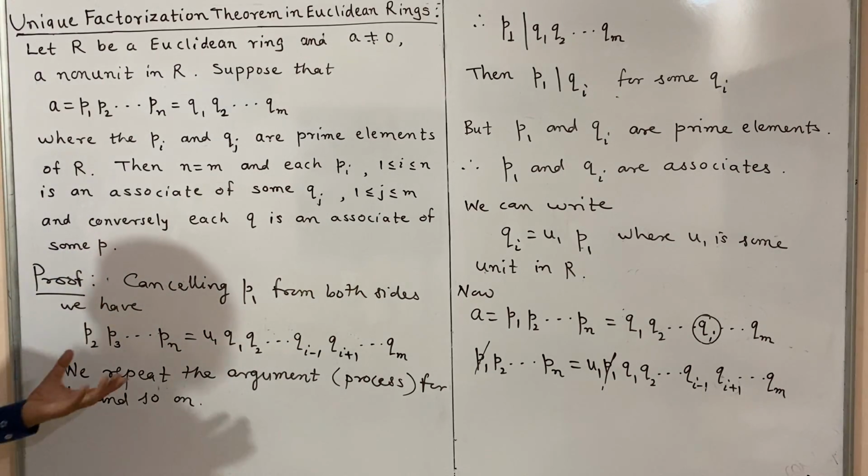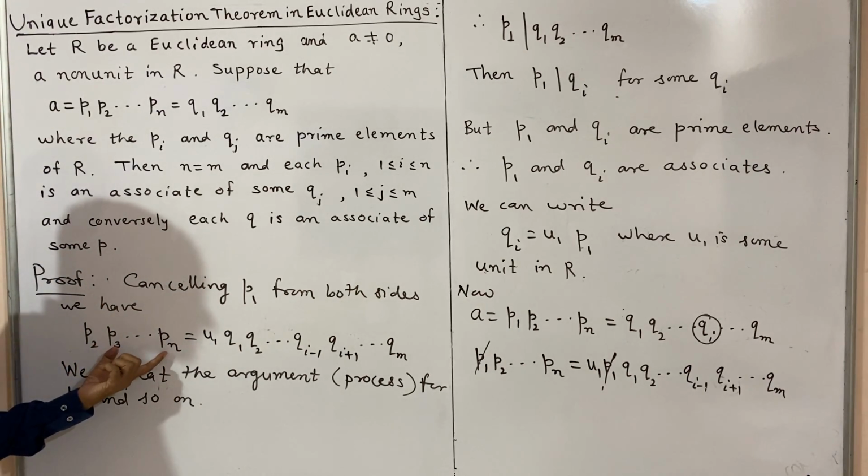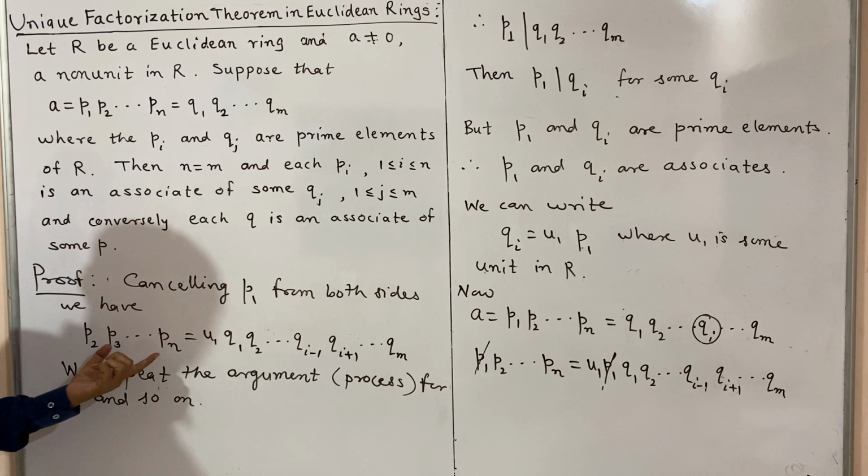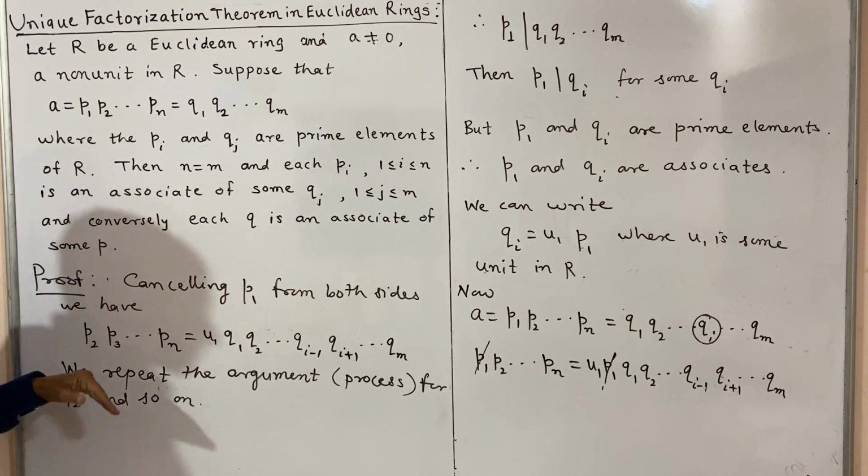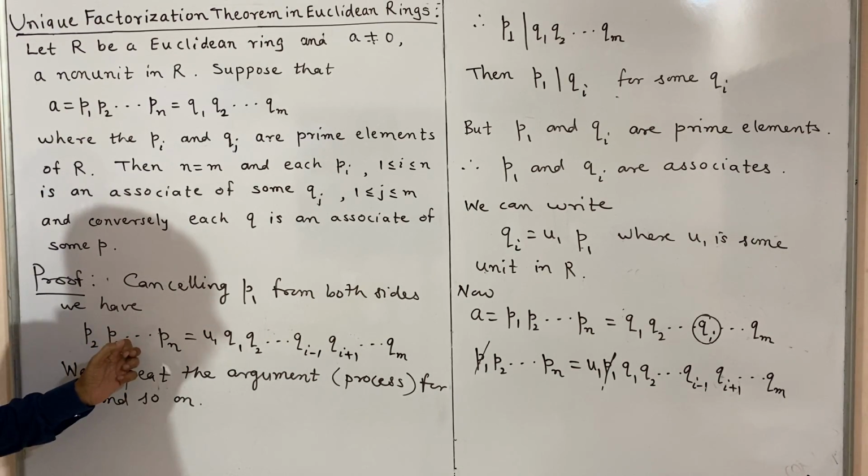Now what will happen if n is less than m? Then all the elements from the left side will be cancelled, and the left side will reduce to 1, or the left side will become 1.